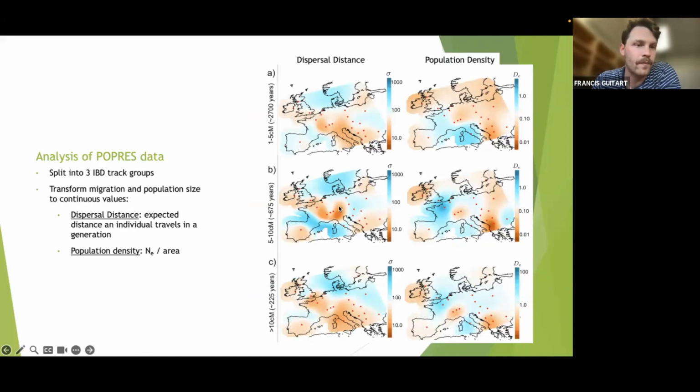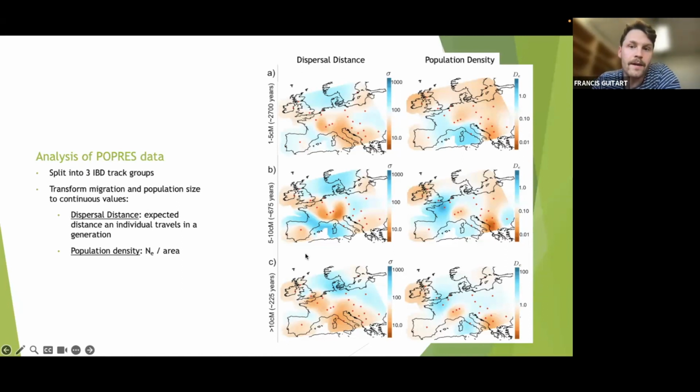data set. What they did was they split the IBD tracks into 3 groups: 1 to 5 centimorgans, which corresponds to around 2,500 years, 5 to 10 centimorgans, which corresponds to around 600 years ago, and greater than 10 centimorgans, which is around 200 years or more recent.